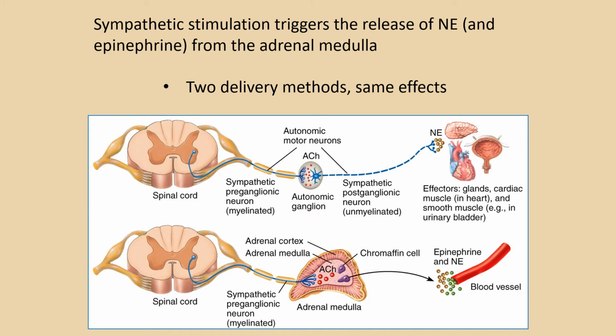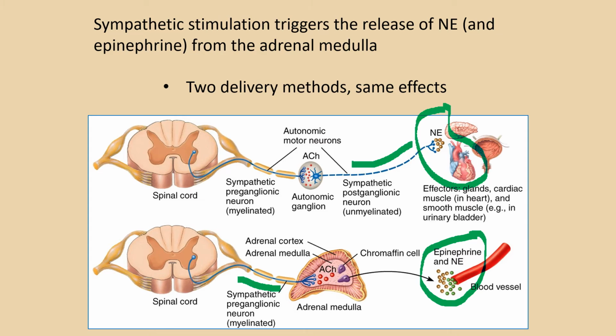So we can sum up the effects of norepinephrine and also remind ourselves that norepinephrine is also secreted into the blood from the adrenal medulla. So up top, this is what we've just been talking about, the effects of norepinephrine on the heart, right? Norepinephrine, when it's secreted by this postganglionic sympathetic motor neuron, causes the heart to beat faster and to beat harder. Well, norepinephrine is also secreted into the blood by the adrenal medulla in response to sympathetic stimulation.